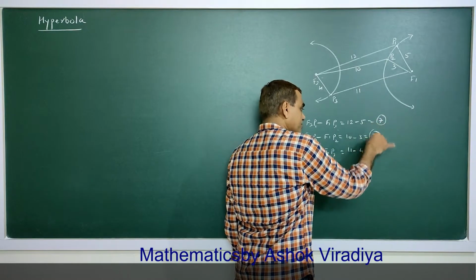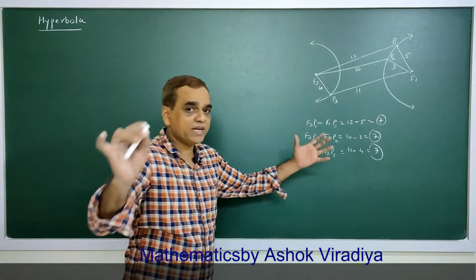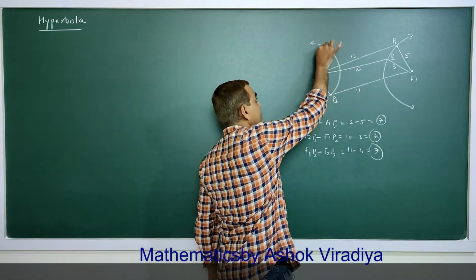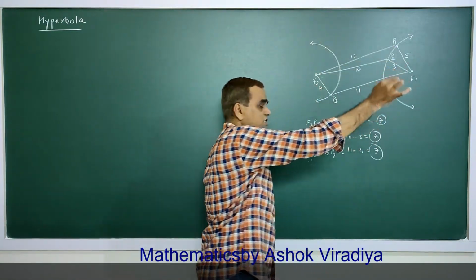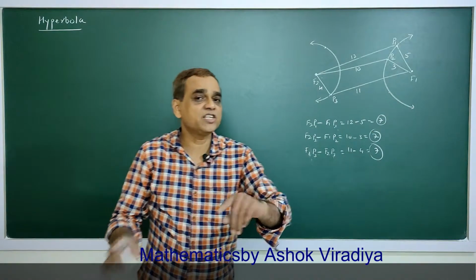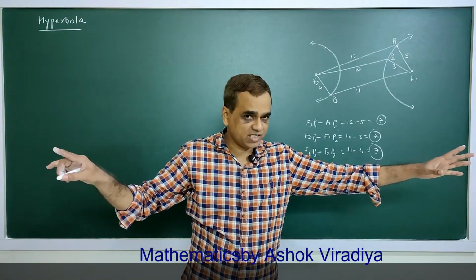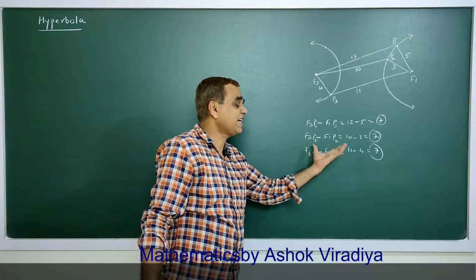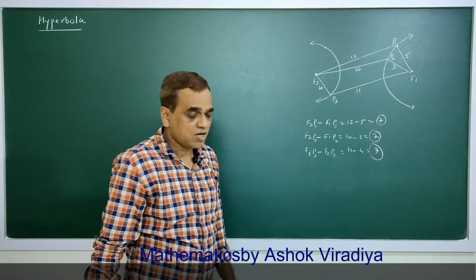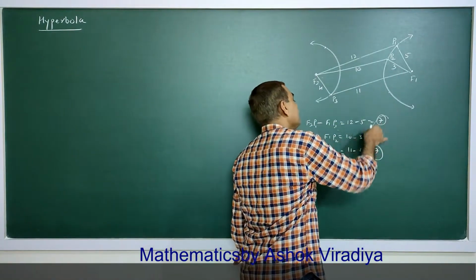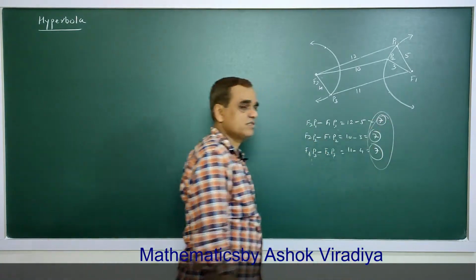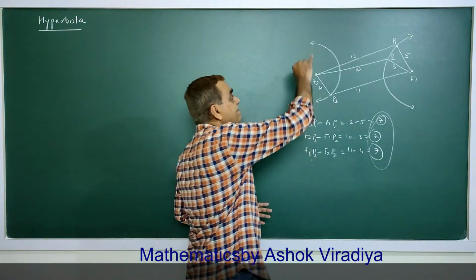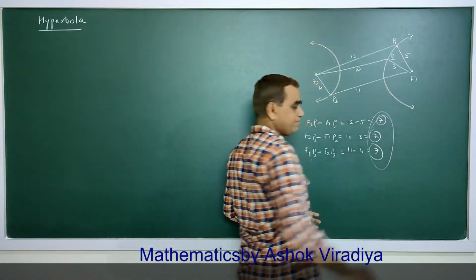So here the property is that if we select any point P either from this branch or from this branch and measure its distance from the two fixed points, and take the difference, meaning greater distance minus smaller distance, it will always be constant. So this is true for every point of this hyperbola.